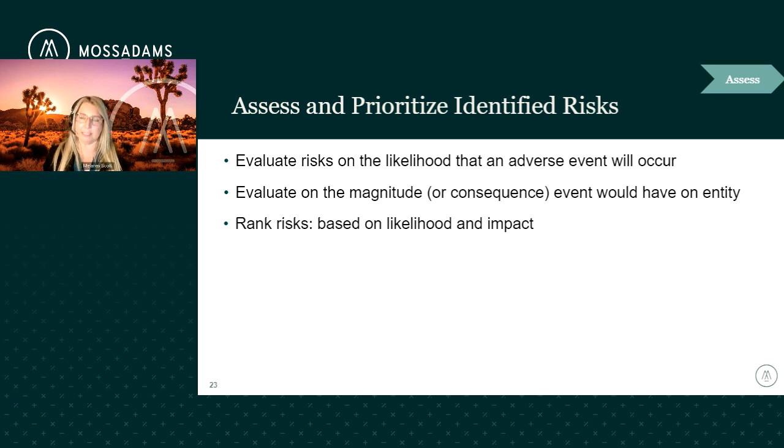And oftentimes that's considered on a likelihood that something adverse will occur, as well as the magnitude. So what would that mean for us if that particular risk did come to fruition? And then things get ranked based upon that assessment of the likelihood and impact, or magnitude. So again, magnitude, consequence, impact, all synonyms for the same thing.